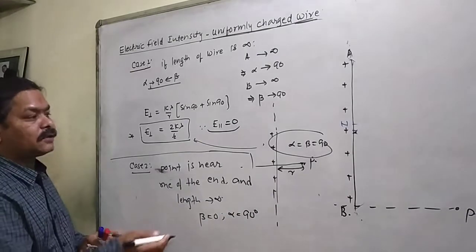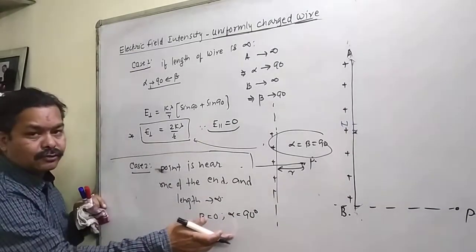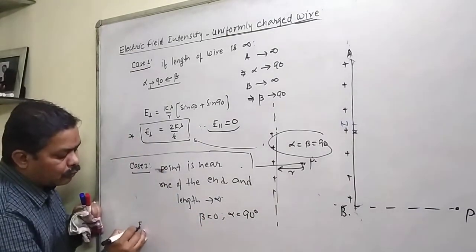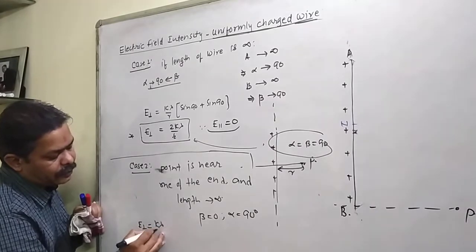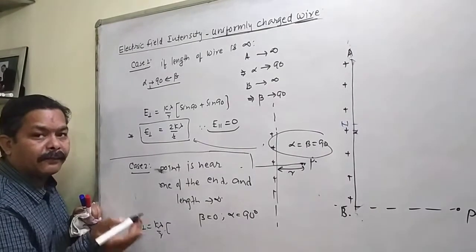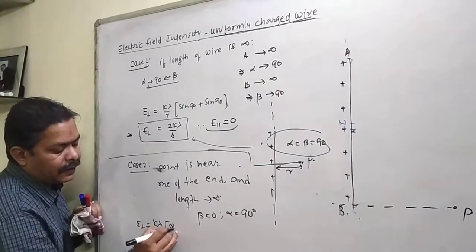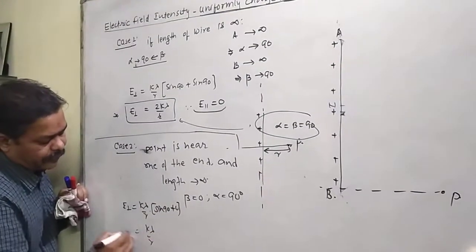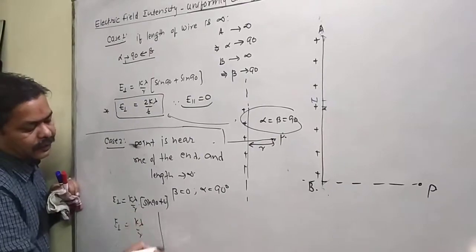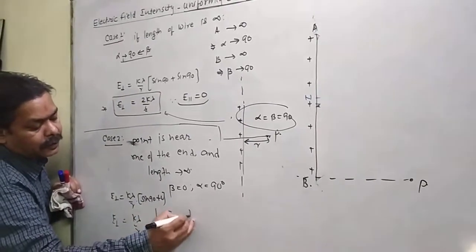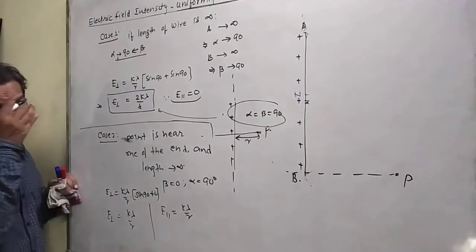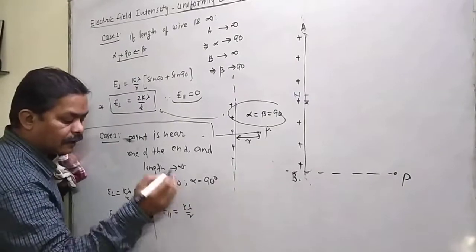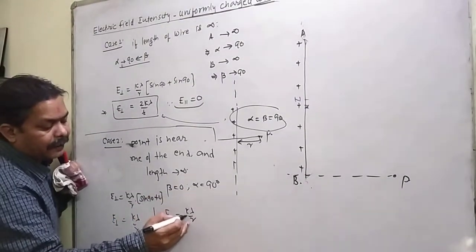Now you just put the values of these two in the above two formulas. So E perpendicular is k lambda upon r into sine alpha plus sine beta, so sine 90 plus 0 degrees, which becomes k lambda upon r. Similarly, the E parallel component is k lambda upon r into cos 0 minus cos 90, which also becomes k lambda upon r.